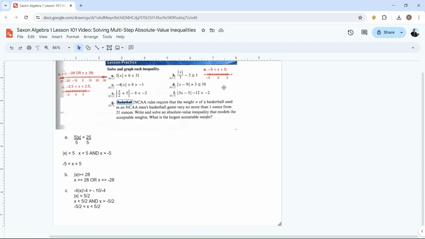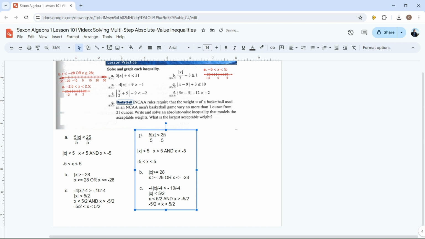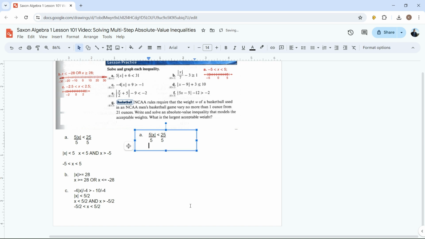Moving on to letter D. Different. Now I'm going to get the whole absolute value expression on a side by itself, which is more than just the absolute value of x. In this case, it's the absolute value of x minus 9. Everything in the absolute value symbol needs to be on a side by itself.